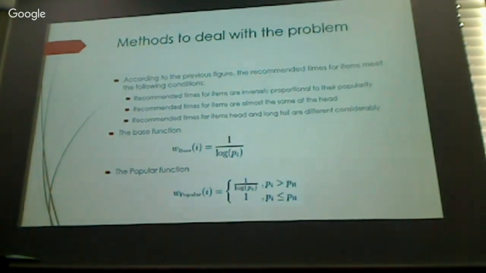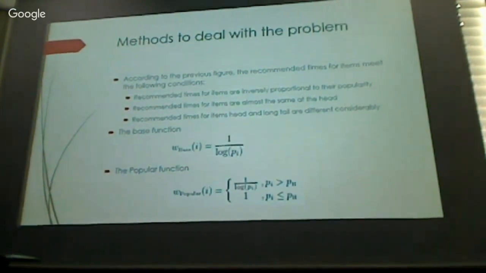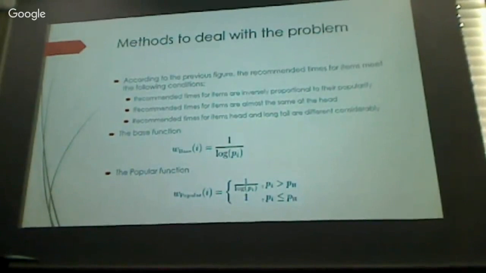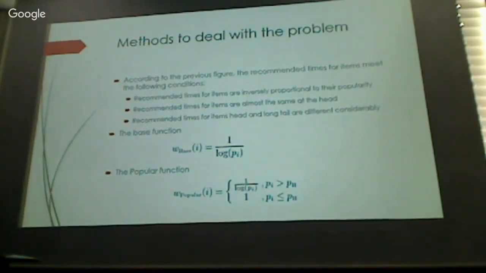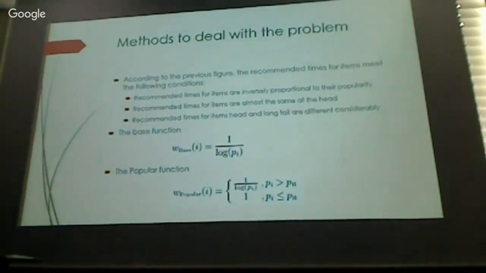So based on these three points, they propose this base function, where PI is the popularity of an item. The base function meets the three mentioned conditions for the recommended times for items.